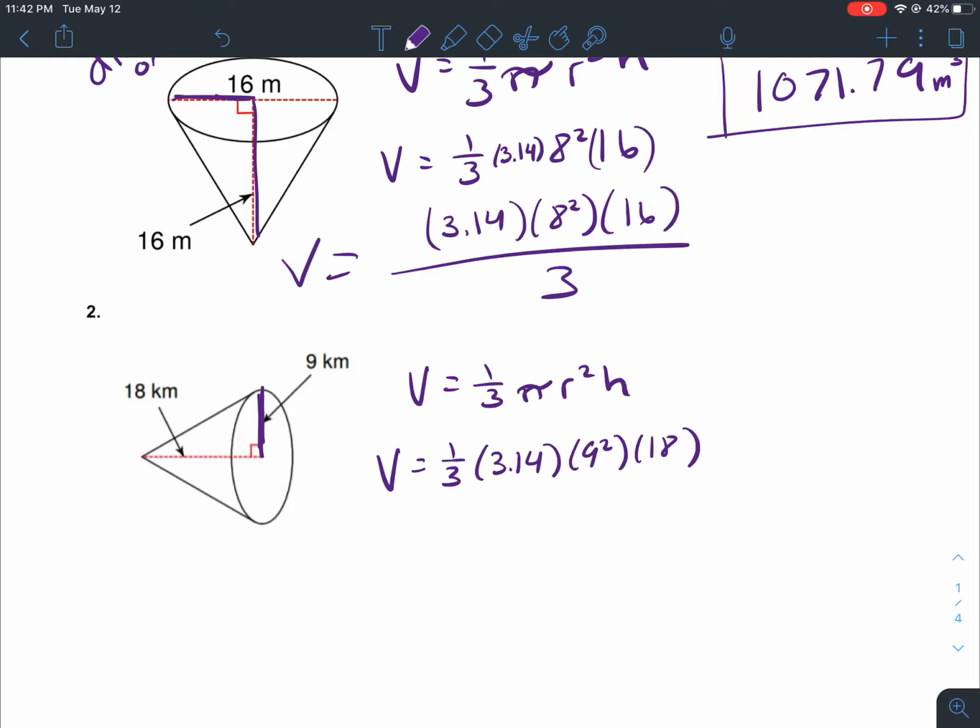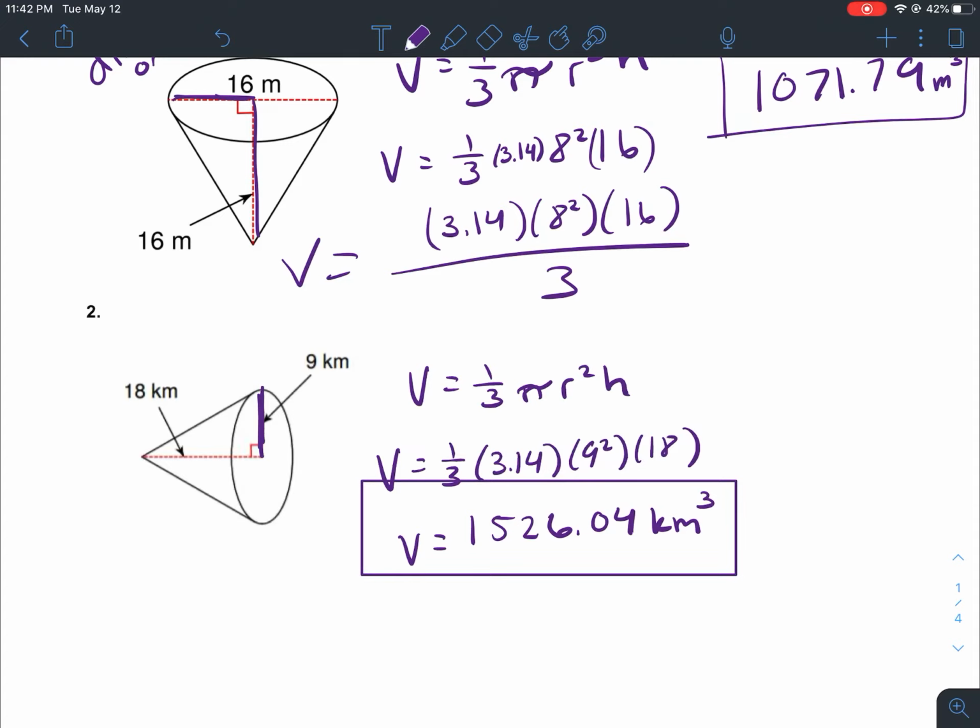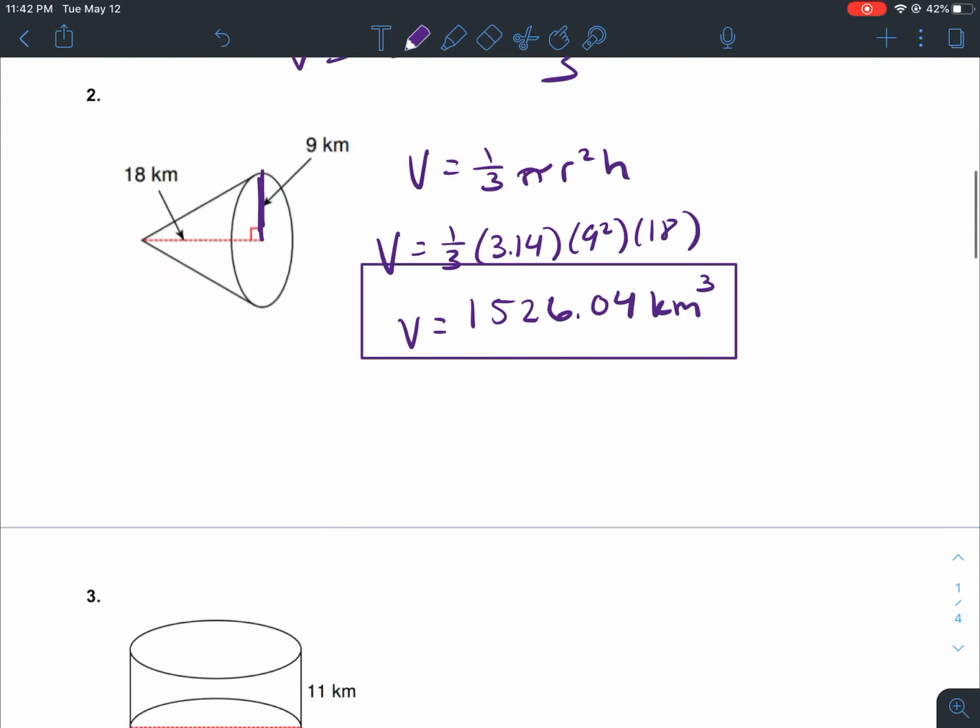So we do 1/3 times 3.14 times 9 squared times 18. And I got 1526.04. And then this is going to be kilometers cubed because, again, it is volume. Do not forget to cube that unit.